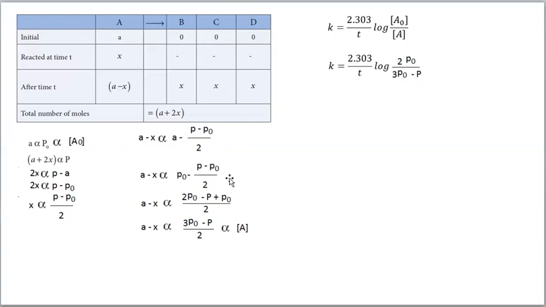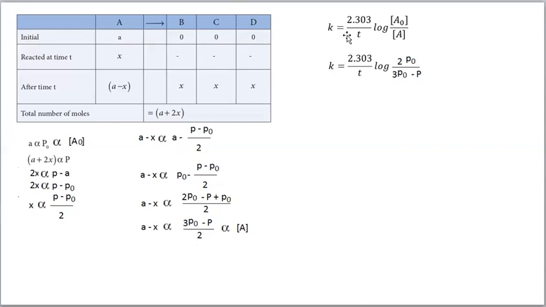Then we can take LCM. LCM is 2. So we'll get here 2P0 minus P plus P0. This minus and this minus, so plus. Then A minus X is directly proportional to 2P0 plus P0, so 3P0 minus P by 2.